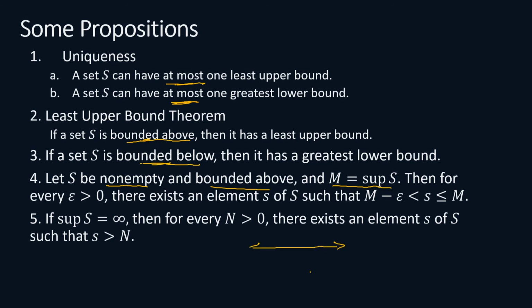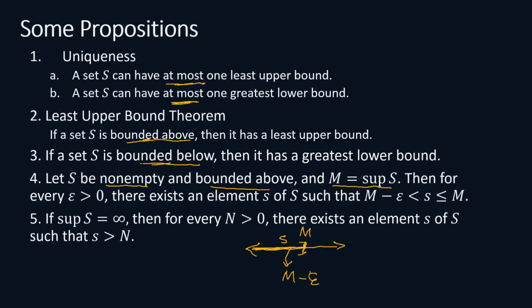So let's have this as an example. Say we have the set S, it's bounded above, and its supremum is M. So we'll have M here, and then we can identify any positive number, and we call that epsilon, and we subtract that epsilon from M. So we can identify here a point on the line, and this point is going to be represented by M minus epsilon.